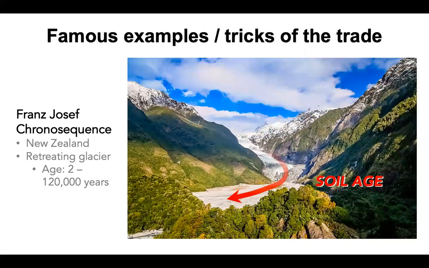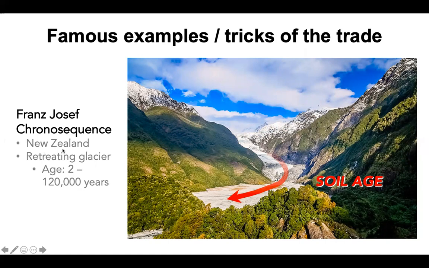There are a couple really famous and notable examples because they work really well, and we have stumbled upon these ways of isolating for these specific factors, just using natural variation in the landscape. The first one is called the Franz Joseph chronosequence. Remember, it's a chronosequence, so that means we are looking at the effect of time or age on soil formation.